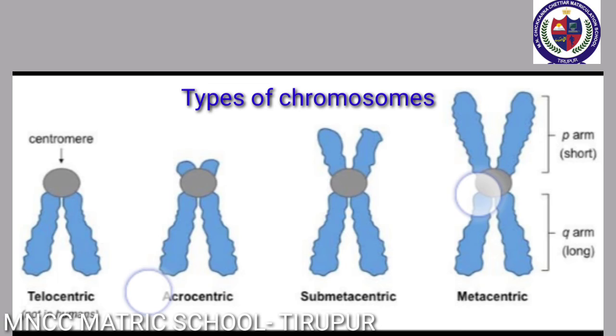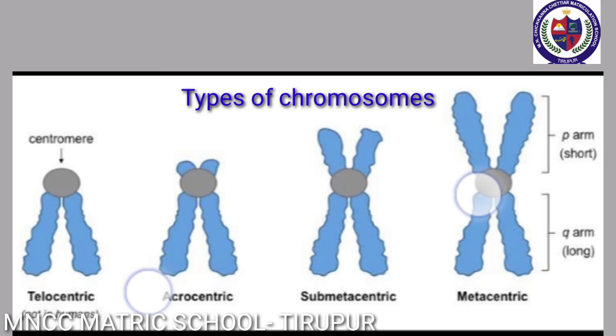Types of chromosome based on its function. The eukaryotic chromosomes are classified into autosomes and allosomes. Autosomes contain genes that determine the somatic body characters. Male and female have an equal number of autosomes. Allosomes are chromosomes which are responsible for determining the sex of an individual.